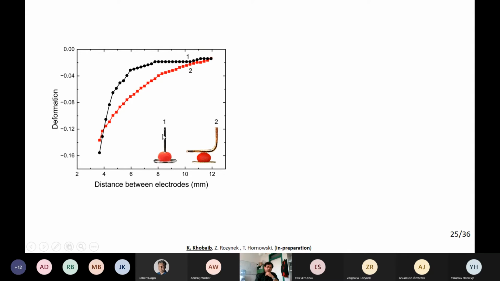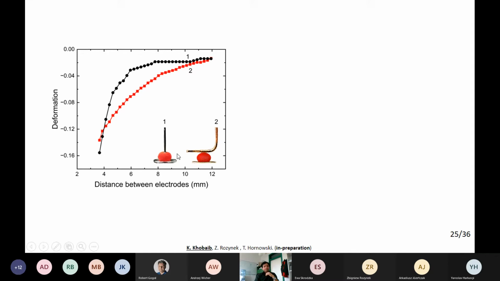What we found is that with the circular electrode with a diameter of 0.7 millimeter, the deformation was smaller in magnitude compared to the flat electrode. But when it touches the droplet, the magnitude of the droplet deformation with the circular electrode crossed the flat electrode.